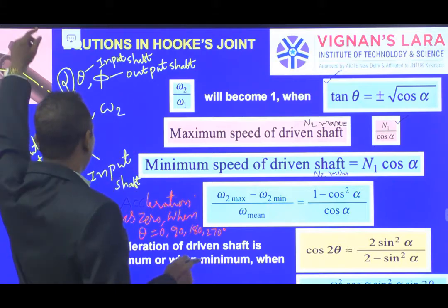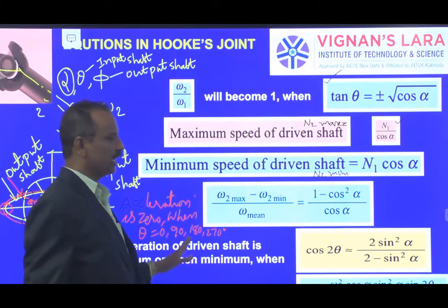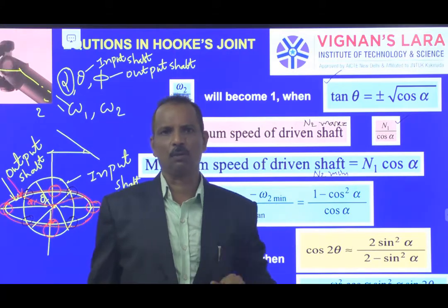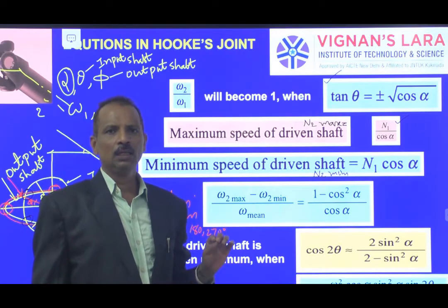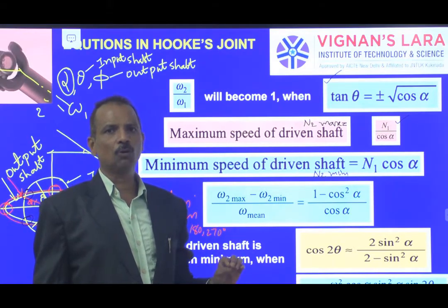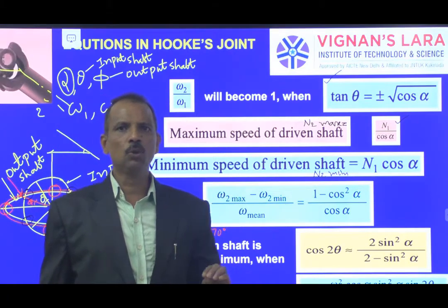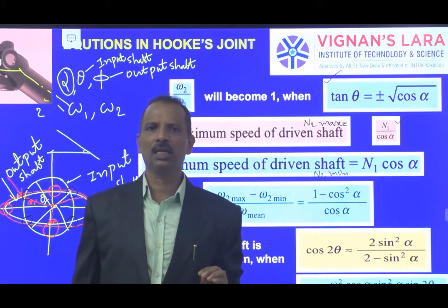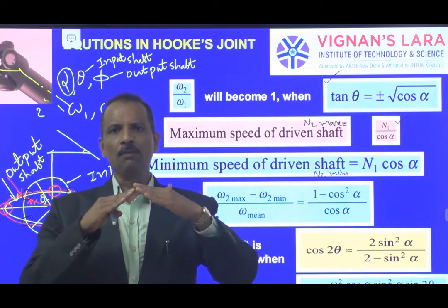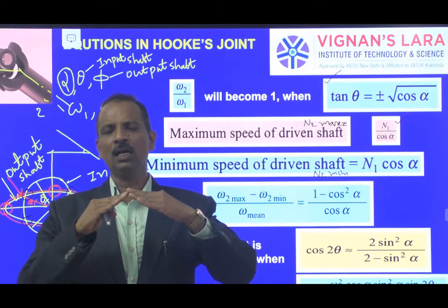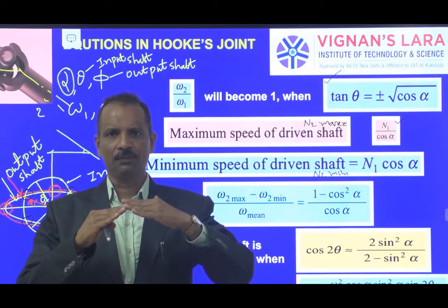Let me summarize once again the terminology I have used and how I can use these equations in solving the problems. So alpha is the angle between the input shaft and output shaft, because as we said in the beginning of the lecture on the hook joint, this joint is basically used when the driver shaft and driven shaft have some angular inclination, or angular misalignment.